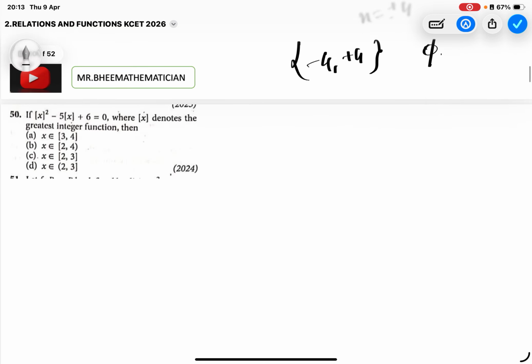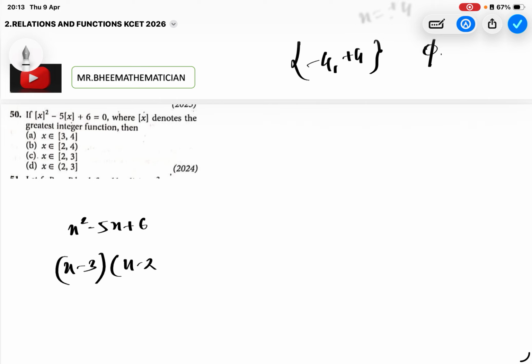And question 50. Here they are asking for the solution of greatest integer, x square minus 5x plus 6, that is x minus 3, x minus 2 equal to 0. Then the solutions are 3 and 2.